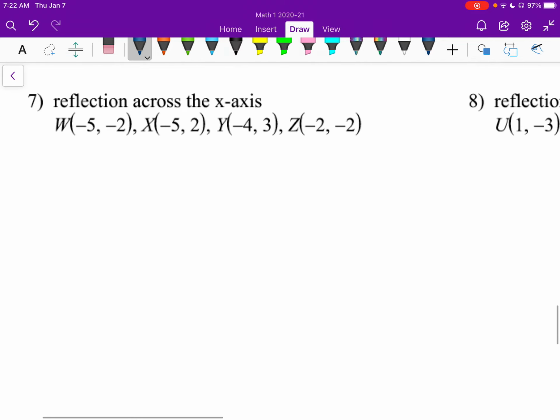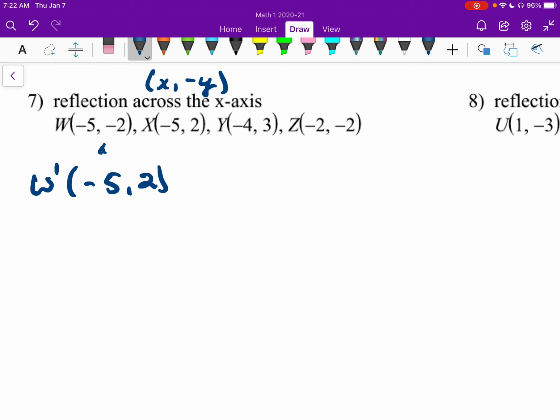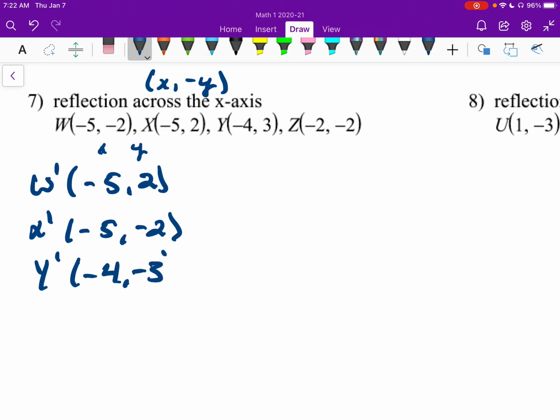Number 7. Now we're reflecting over the x-axis, so it needs to be x, negative y, right? Our y switches signs. So W prime will be negative 5, 2, right? Because it's x, y. X prime will be negative 5, negative 2. Y prime will be negative 4, negative 3.